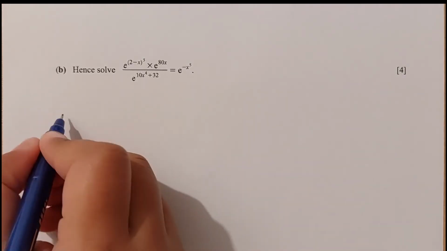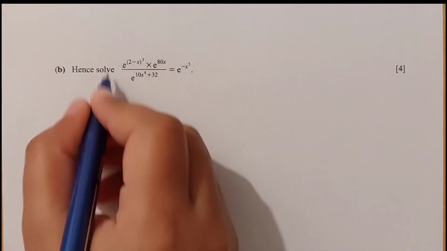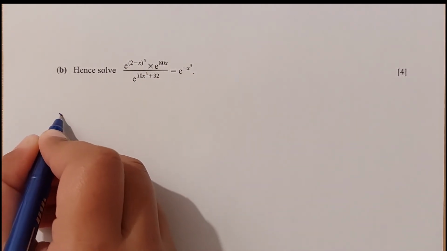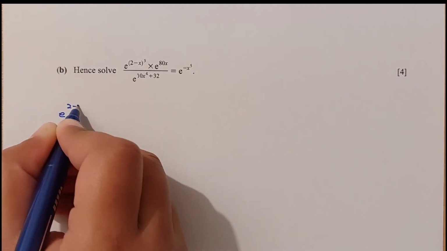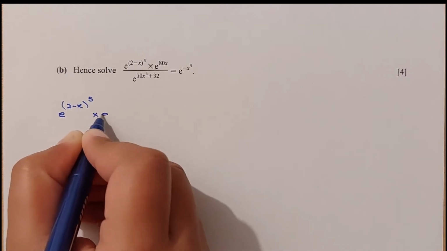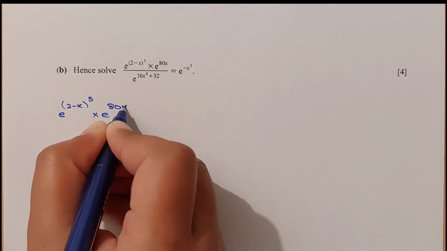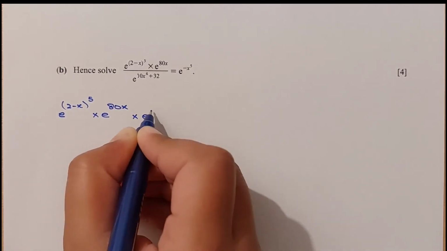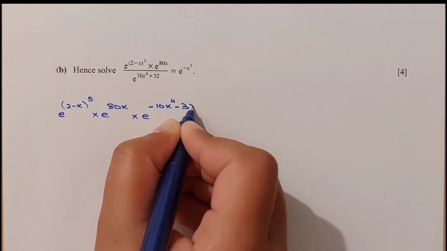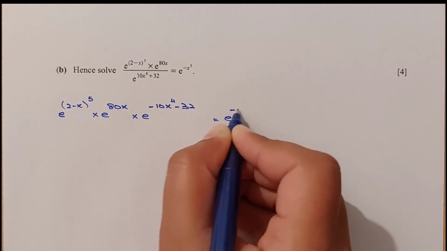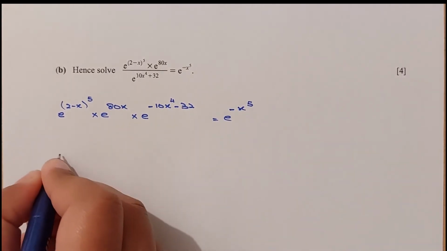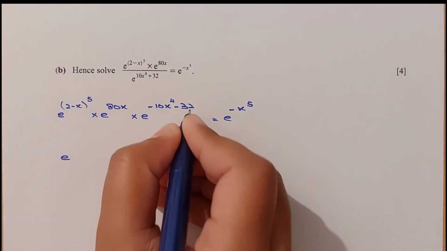Okay, so let me simplify all the terms. So e power (2 minus x) exponent 5 times e power 80x, and here we have times e power minus 10x⁴ minus 32 equals e power minus x power 5, right? Okay, now the bases are the same, so we just add the powers.